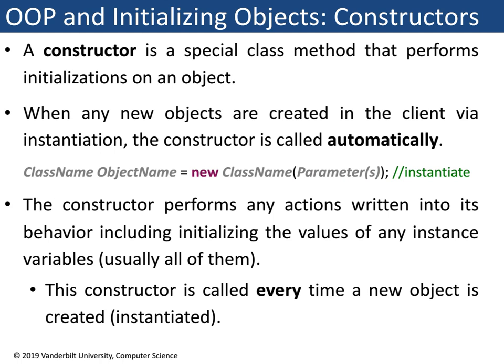And what happens is Java will use the constructor which matches this parameter list. Then this constructor method that gets called when we create this object will perform any actions that are written into it, including but not limited to initializing any values.